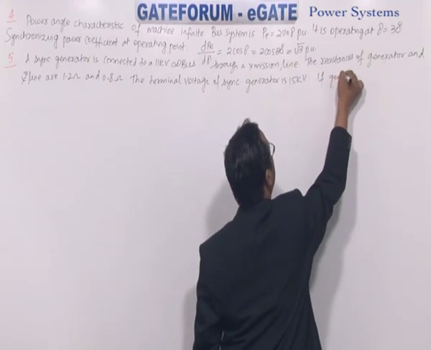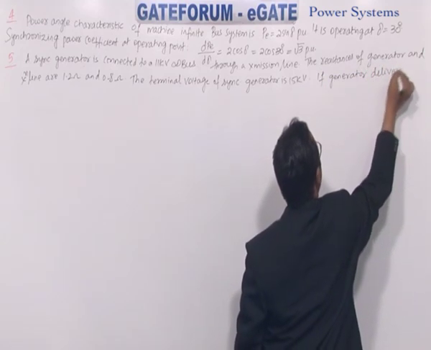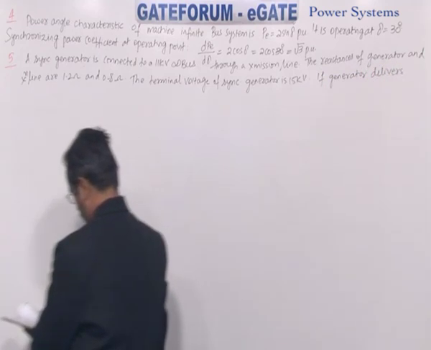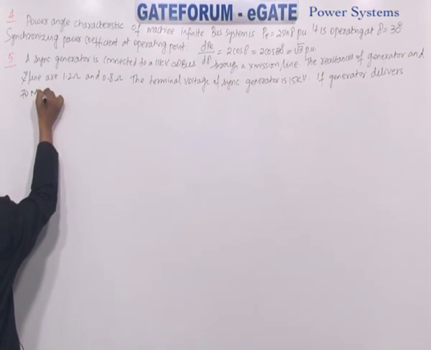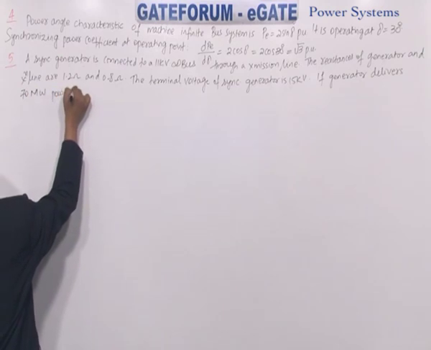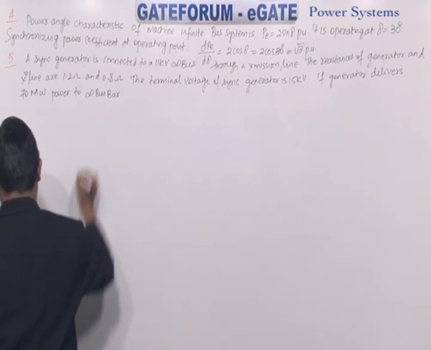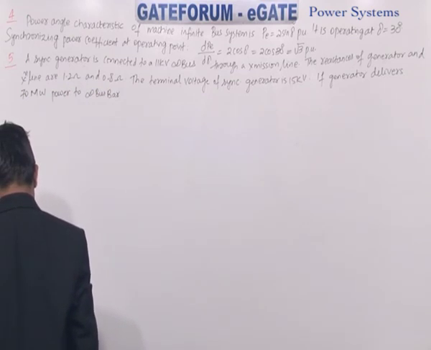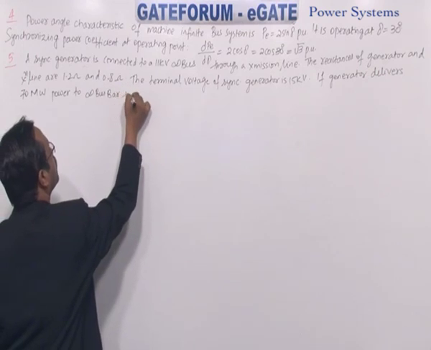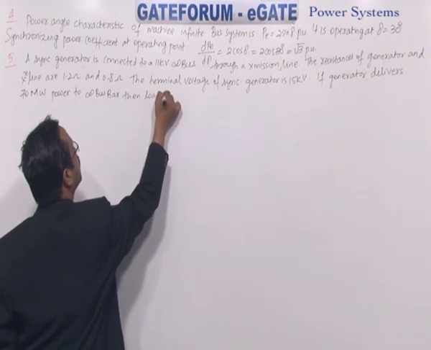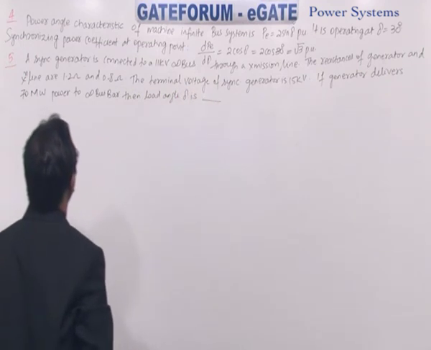If the generator delivers 70 megawatt power to the infinite bus bar, then the load angle delta is.